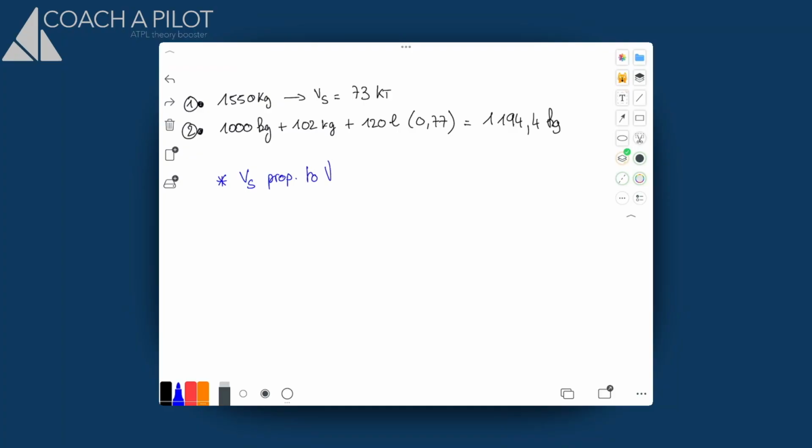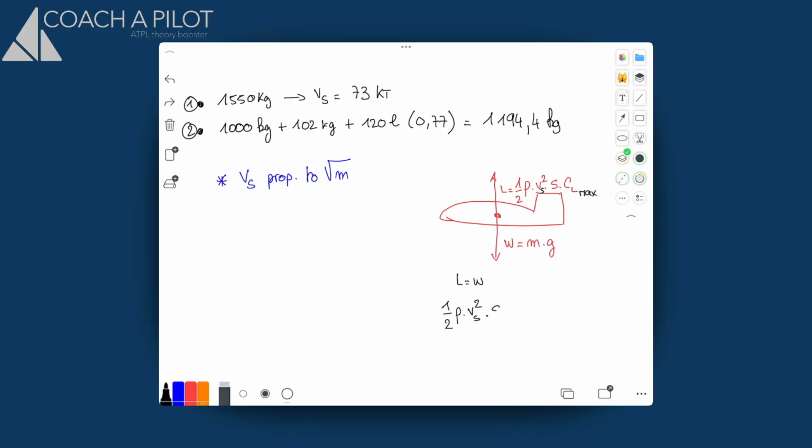Then aircraft 1, aircraft 2. First point, the VS is proportional to the square root of the mass. It's super easy to demonstrate. When we have an aircraft in flight, we have the lift and the weight, mass times gravity. Lift is half of density times V squared times surface times CL. If we talk about VS, we have CL max, obviously.